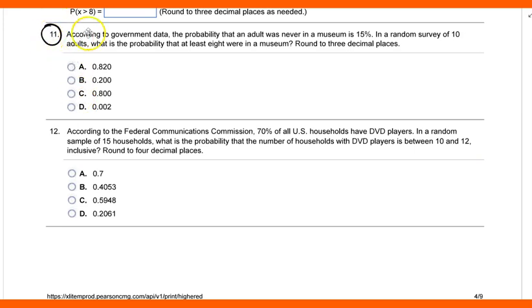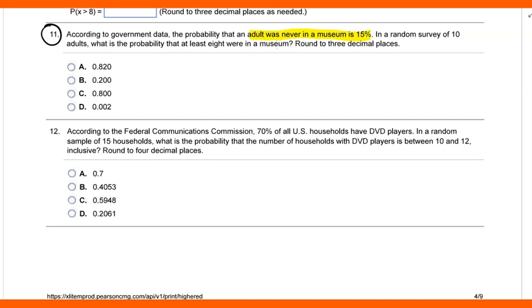Question number 11. According to government data, the probability that an adult was never in a museum is 15%. Okay, they were not in the museum. In a random survey of 10 adults, what's the probability that at least 8 were in the museum?